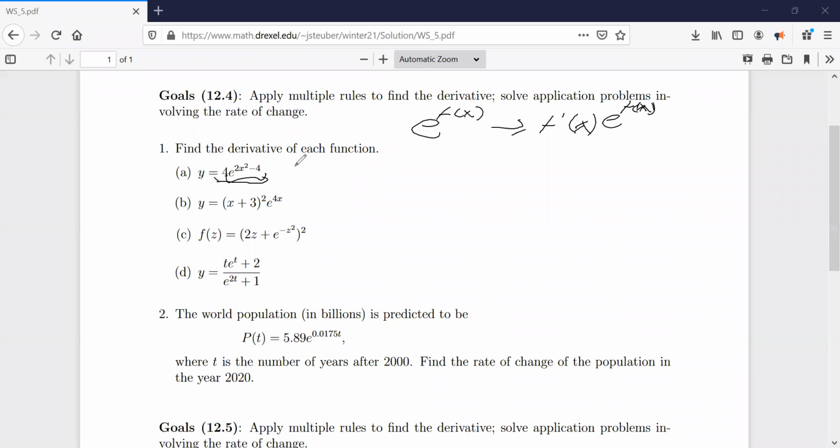So in this case, y prime is going to be equal to 4 times the derivative of f of x. So that's going to be just 4x times e to the 2x squared minus 4. Does that make sense to everybody?